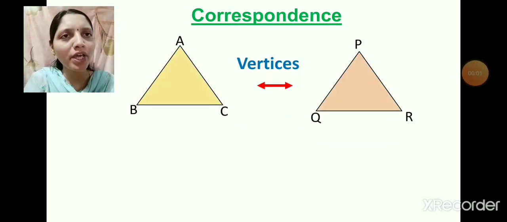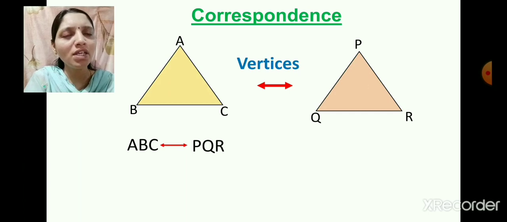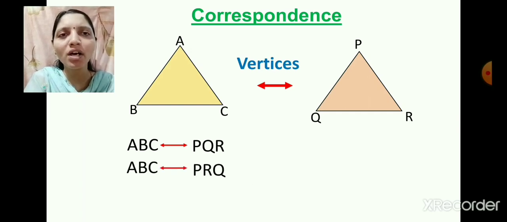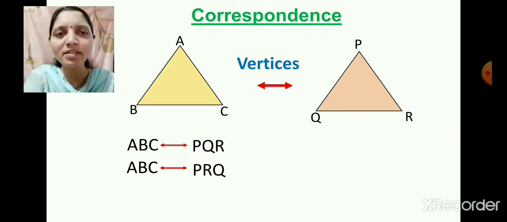There are different ways to find the correspondence between the two triangles. Let's see. We have seen the correspondence between vertices ABC and PQR. Now what is the other way? We can show the correspondence of ABC to PRQ. What does this tell us?